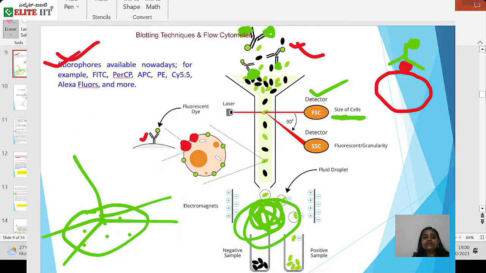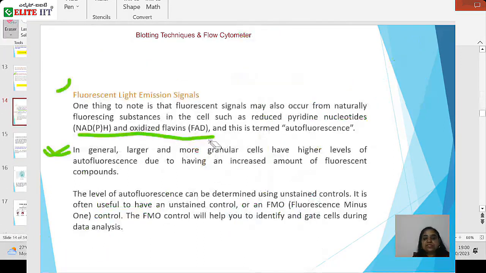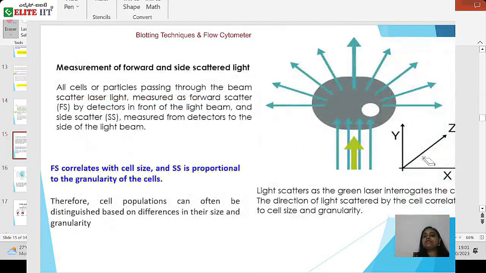That same thing is given here. In general, the larger and more granular the cell, the more fluorescent light emission you will get. So cells have higher levels of autofluorescence due to having an increased amount of fluorescent compounds. Okay, so this is happening now in this picture.